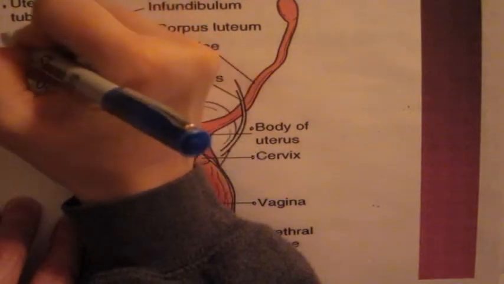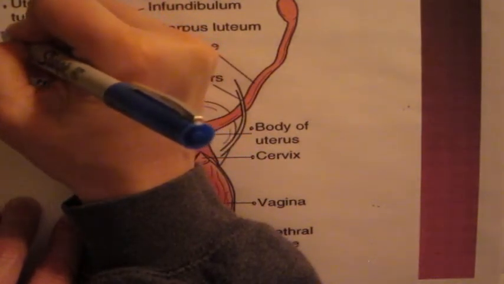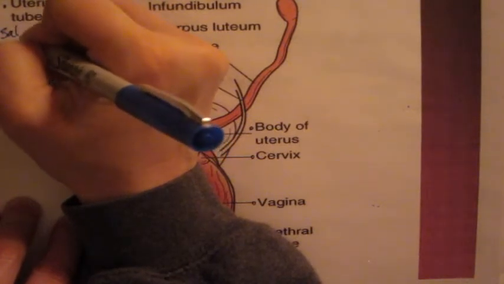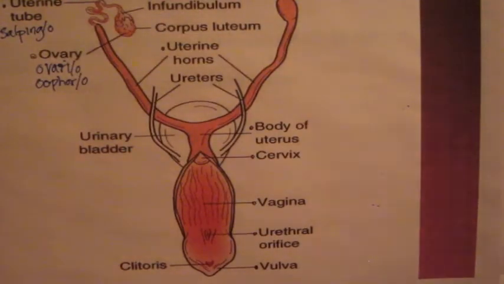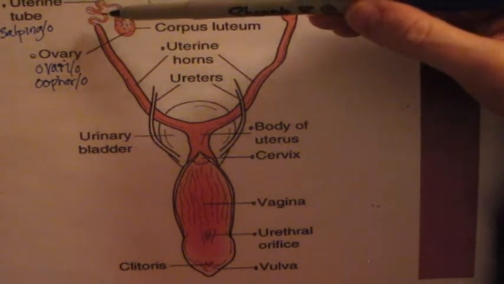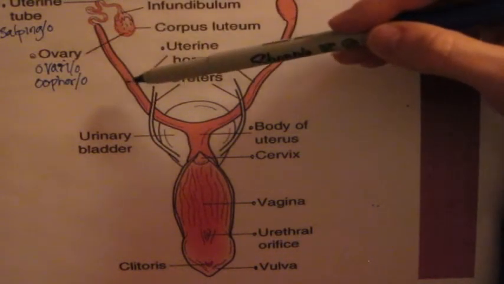The combining form for uterine tubes is salpingo. From here, after fertilization occurs, an embryo is created, and then the embryo drops into the uterus where it bounces around and finds a home.